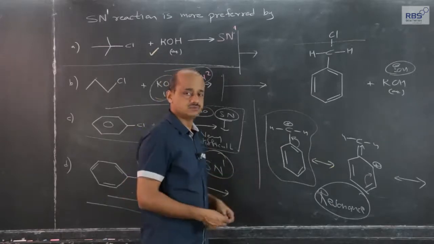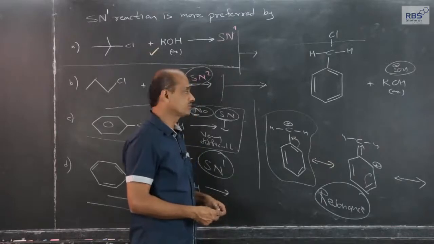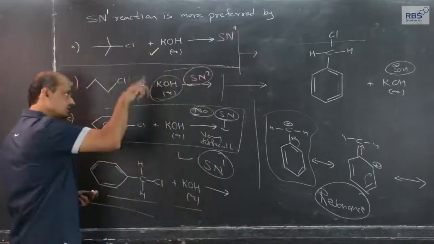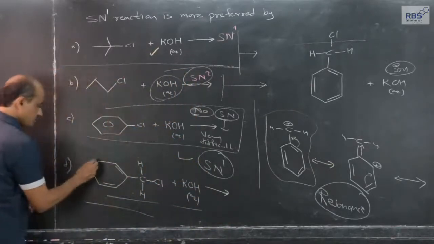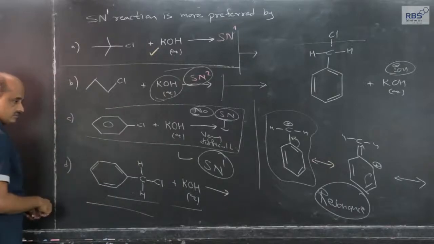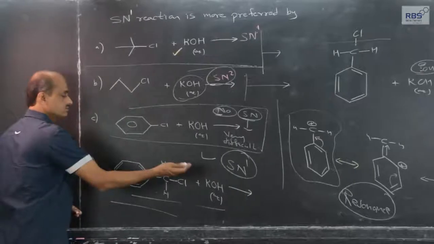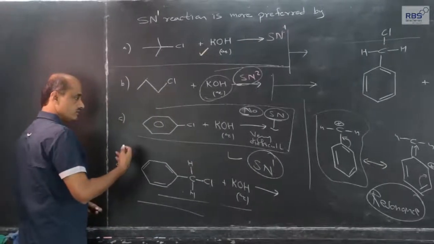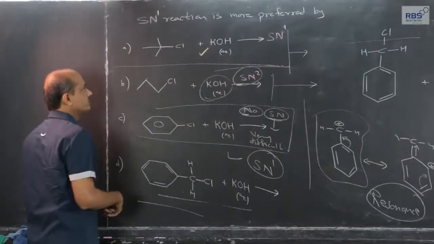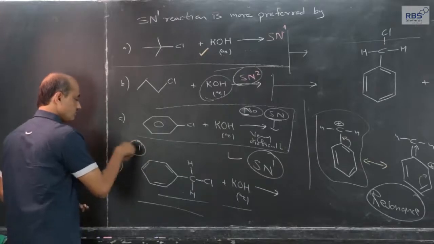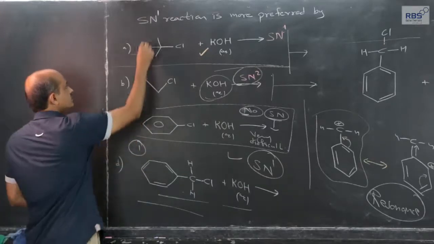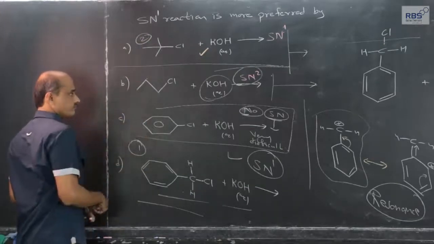Resonance is a more powerful effect than hyperconjugation, and therefore in the order, this reaction prefers SN1 more. So, which among these will prefer SN1 more? Number 1 for this, number 2 for this.